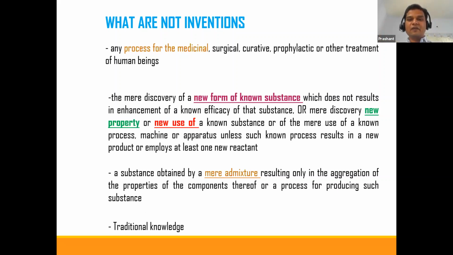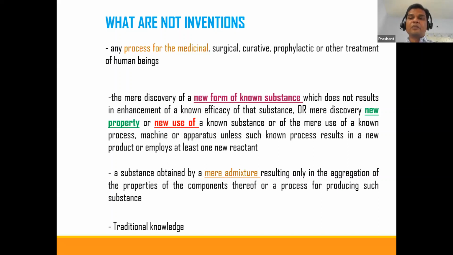Then, mere discovery of a new form of a known substance is not an invention. For example, in chemistry you sometimes develop salts, esters, derivatives or polymers, maybe alpha or beta forms, and you file a patent application, and the patent office objects under Section 3, saying this is a new form of a known substance.